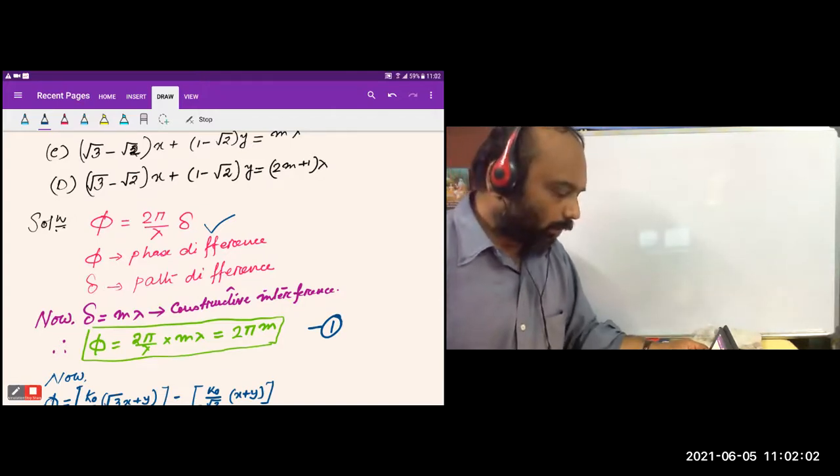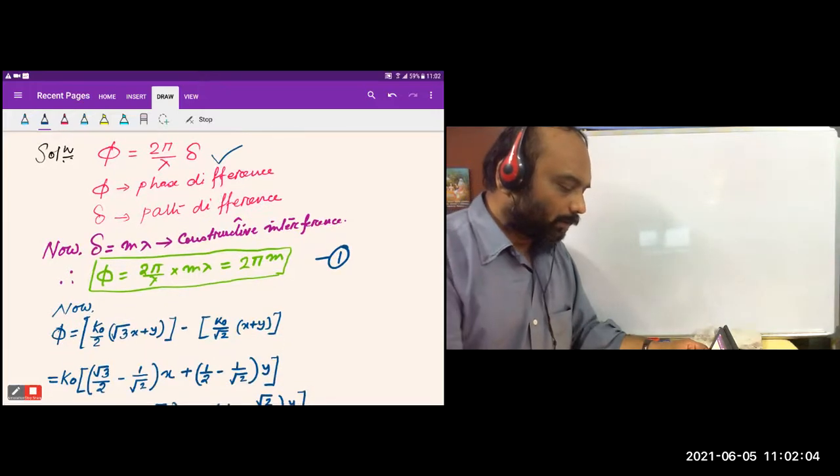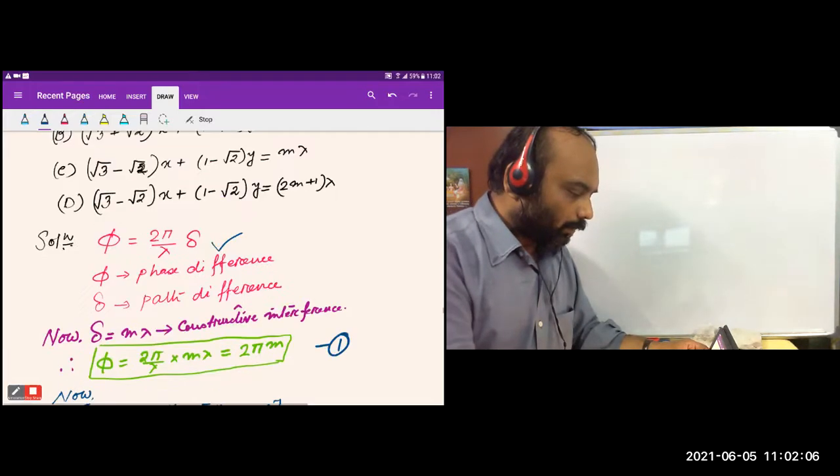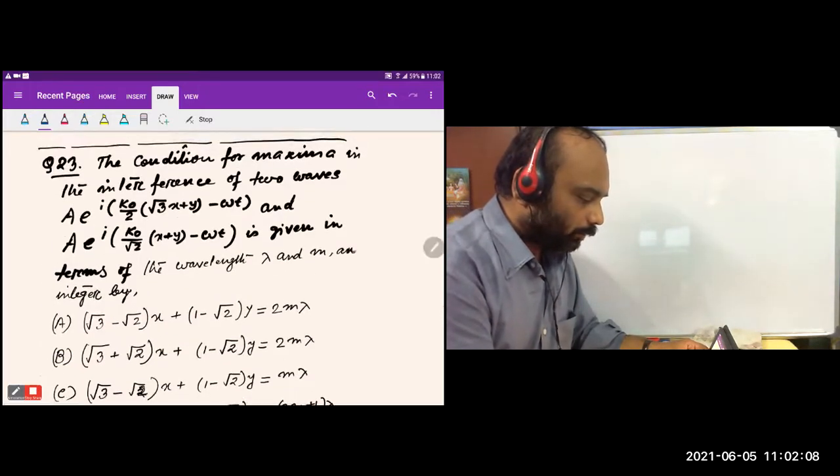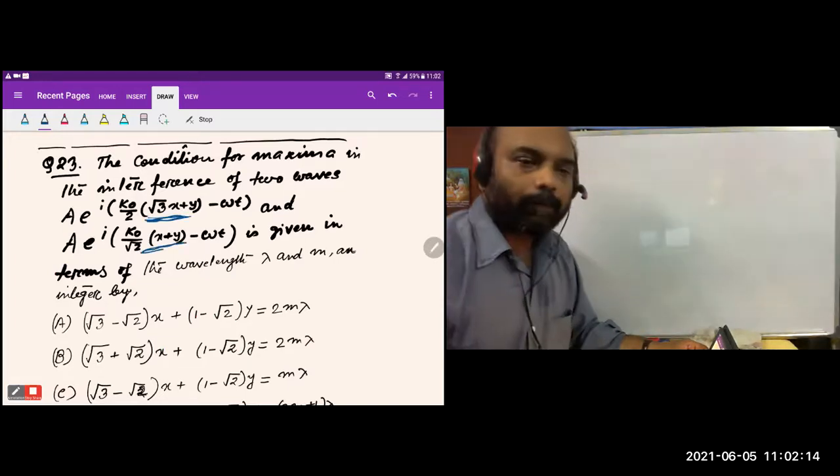Okay. Now, the phase difference is this part of the first wave function and this part of the second wave.